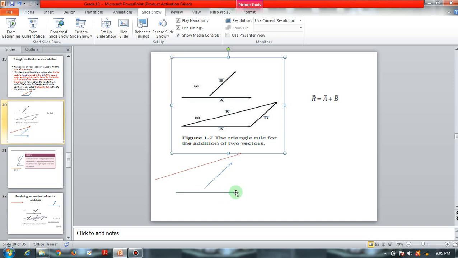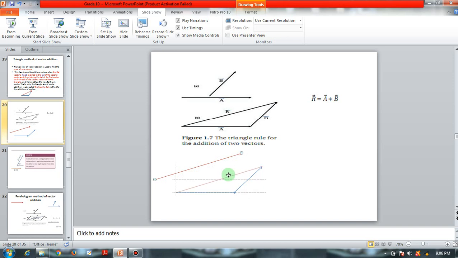In this fashion, the head of the first vector is joined to the tail of the second vector. To find the resultant vector, A plus B, we join the tail of the first vector to the head of the second vector. This is the resultant vector, which is the sum of A and B.